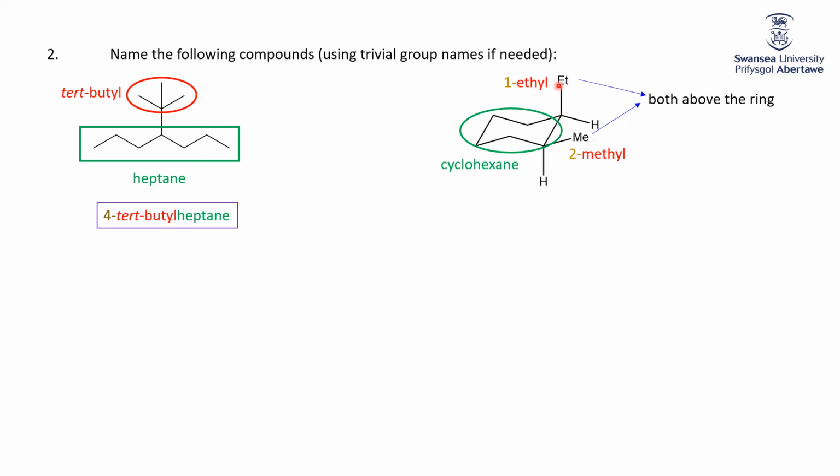So the ethyl is sticking up from carbon 1 on the top with this hydrogen, an equatorial hydrogen below, and then we look at carbon 2, the axial hydrogen is below, which means the equatorial methyl is above. So both of them above the ring, therefore they're on the same side, so that makes it cis. So putting that all together, we get cis-1-ethyl-2-methylcyclohexane.